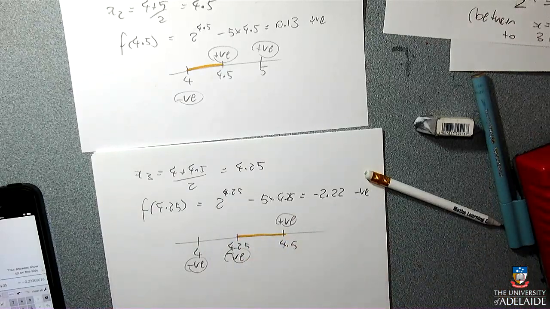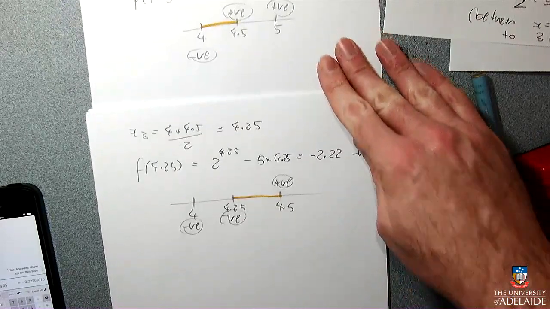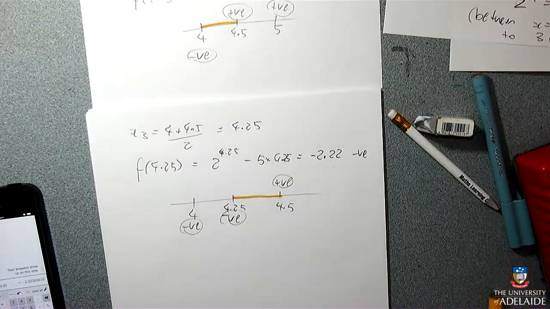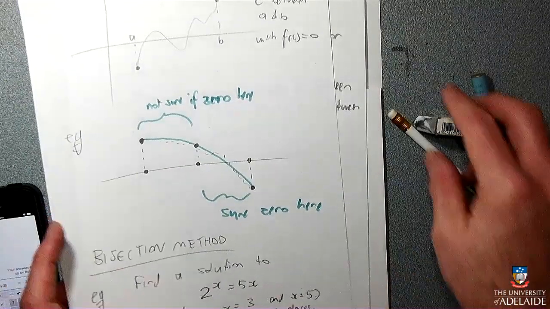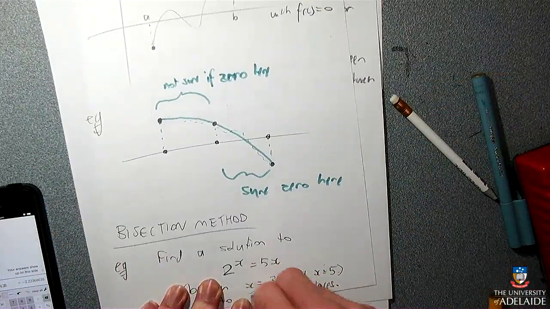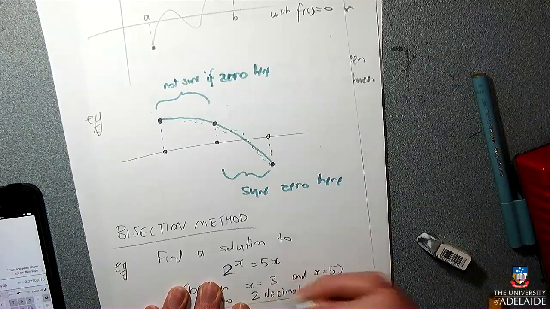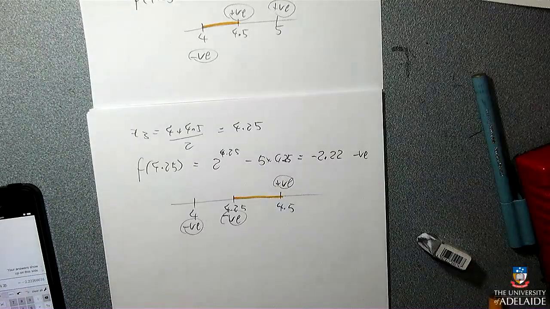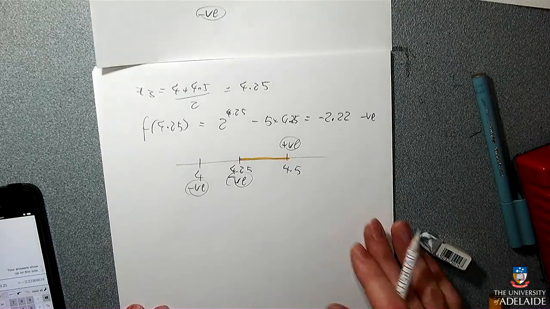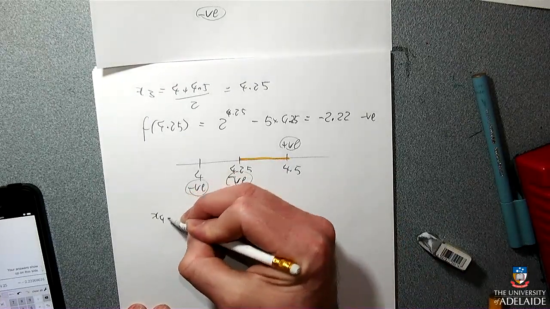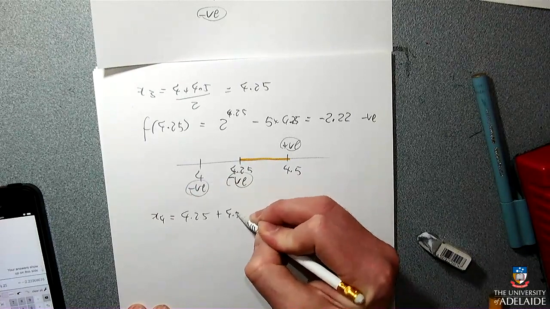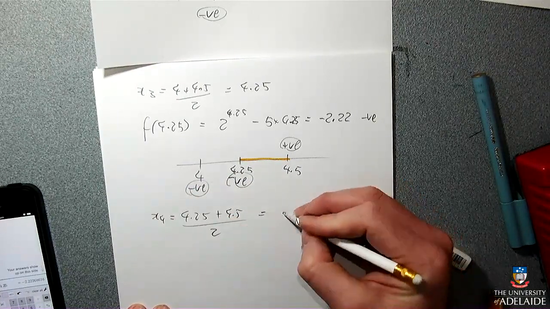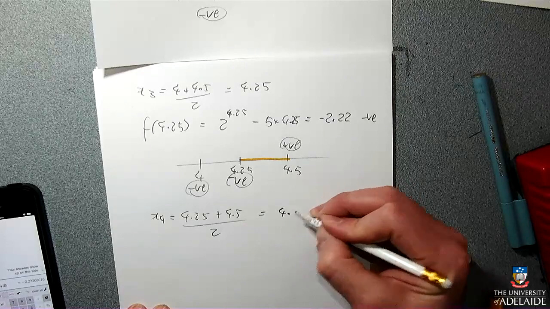And so I will continue until it doesn't change in the third decimal place. So in the spirit of making this easier for myself, I'm going to make it 2 decimal places, because I don't want to go all the way to 3. So x4 is now... now we're getting to it.